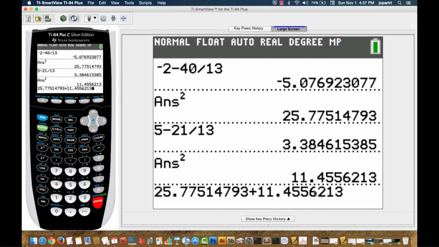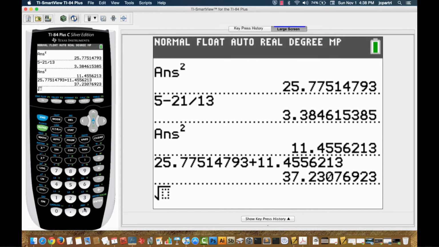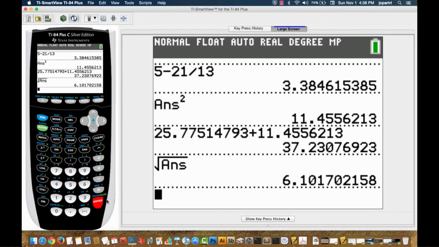You may have to type them all out. There we go. The last thing to do is to take the square root, and since this number is now stored in the answer variable, all I have to do is say square root of answer, and I hit enter, and there it is. There's my 6.1. And that is how you find the distance between a point and a line. All right, let me just give you a summary of the steps that we took, and that will be the end of the lesson.